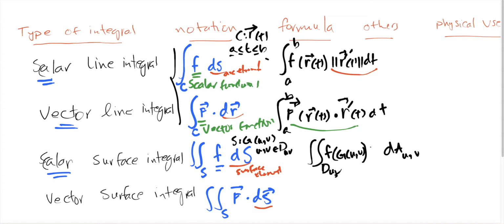And then you want to multiply that by magnitude of N. So magnitude of N, what is N? N is basically, in general, it doesn't matter if I put plus or minus in here, but it's plus or minus G sub u cross G sub v.